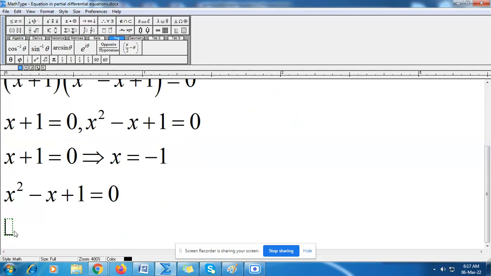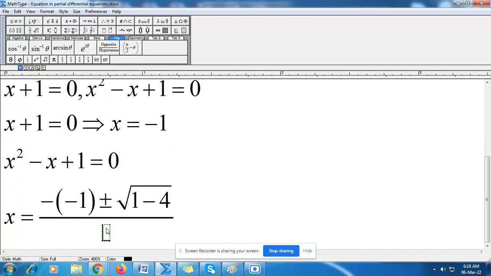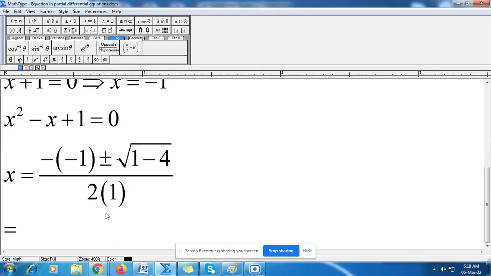That is known. You can find by quadratic formula. That is minus b plus or minus root b square minus 4ac, all by 2a. Here b is minus 1, so minus 1 whole square minus 4 into 1 into 1, all by 2 into a, and a is 1.